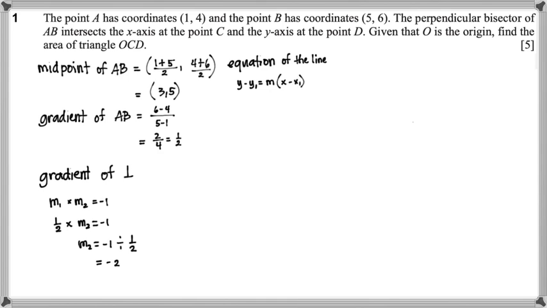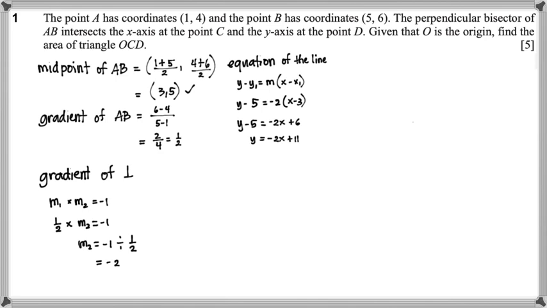Since what we get is 3, 5, we'll apply this. So y minus 5 is equal to m, which is negative 2, times x minus 3. Let's simplify further. We get y minus 5 is equal to negative 2x plus 6. Rearranging this equation, we get y is equal to negative 2x plus 11.